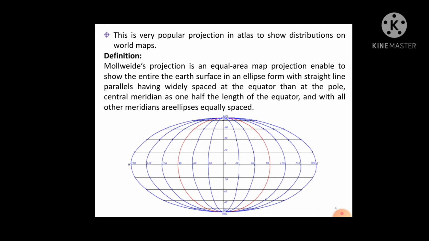So if you want to define this picture, you can define it like this: the Mollweide projection is an equal area map projection able to show the entire earth surface in an ellipse form, with straight line parallels widely spaced at the equator than at the poles. The central meridian is one half of the length of the equator, and all the other meridians are equally spaced ellipses. So this is one of the unique projections.